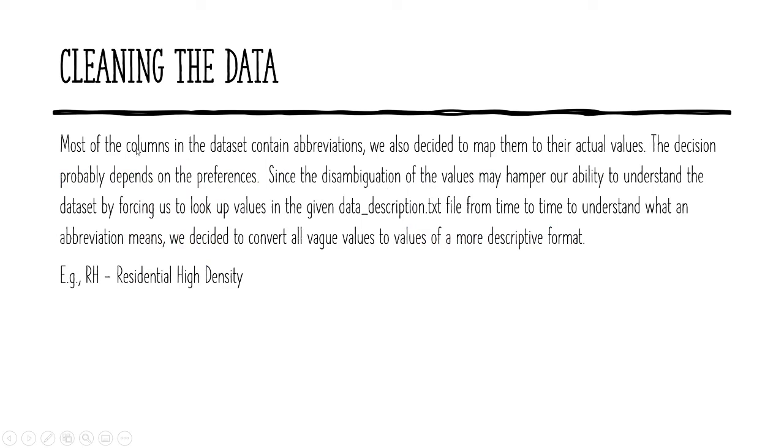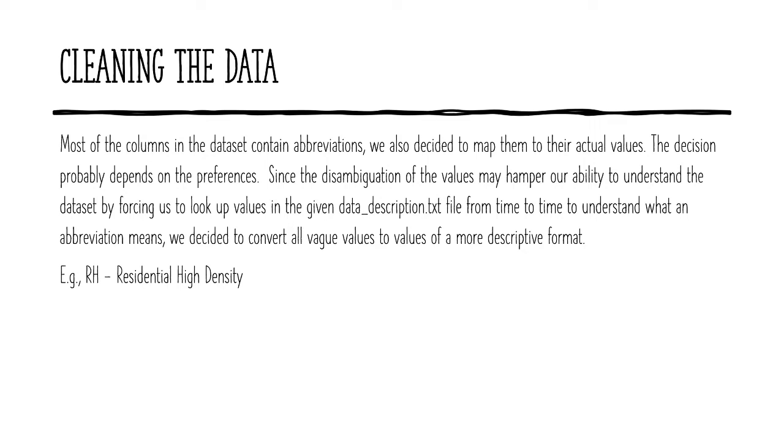We also have, in our dataset, a lot of columns that contain abbreviations, like the abbreviation RH, which means residential high density. So we also decided to map them to their actual values.